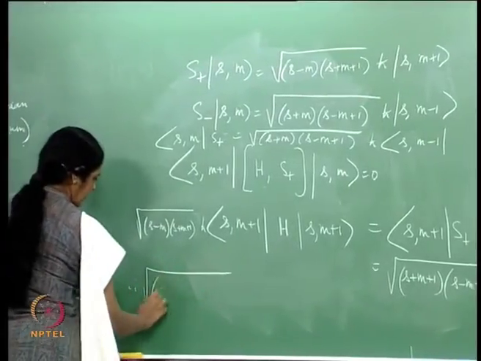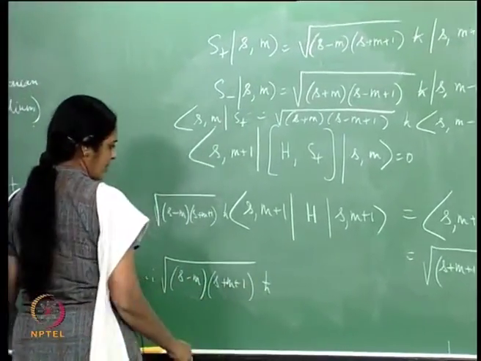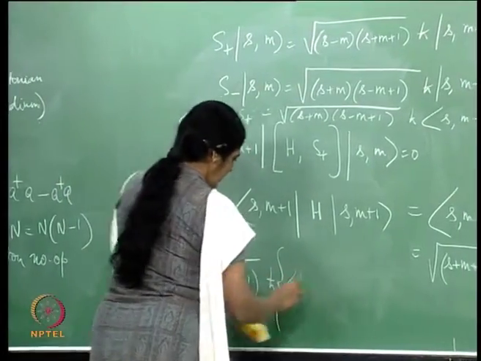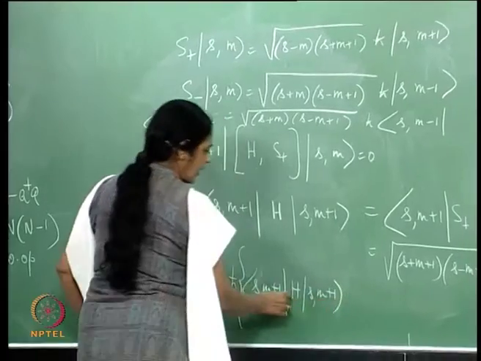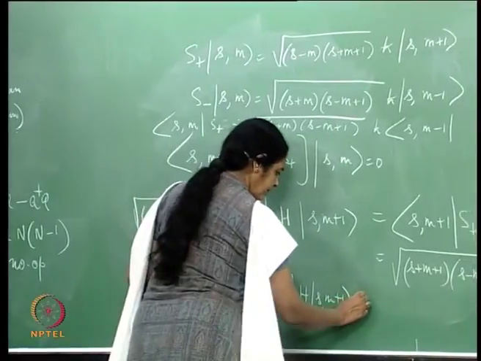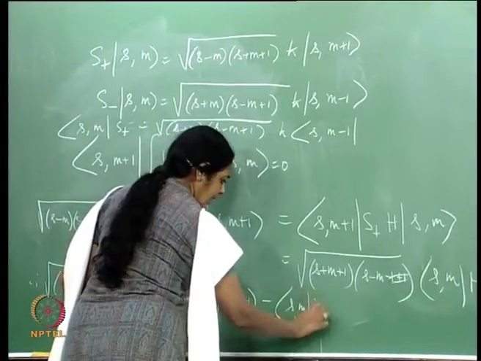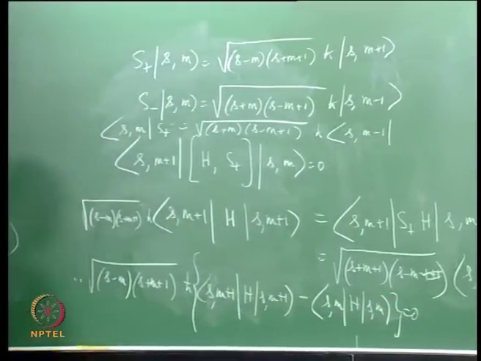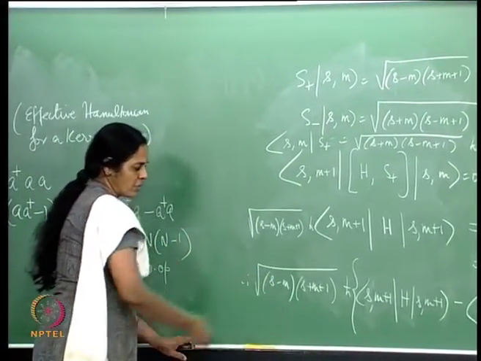Therefore, root of (s minus m) times (s plus m plus 1) ħ times [⟨s, m+1| H |s, m+1⟩, the expectation value of the Hamiltonian in the state |s, m+1⟩, minus the expectation value of the Hamiltonian in the state |s, m⟩] is 0. m is not equal to s, and therefore this coefficient does not vanish.